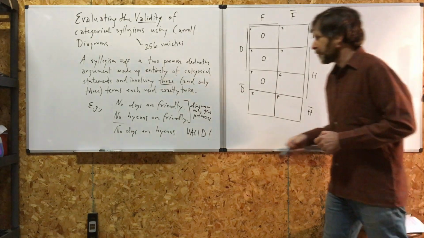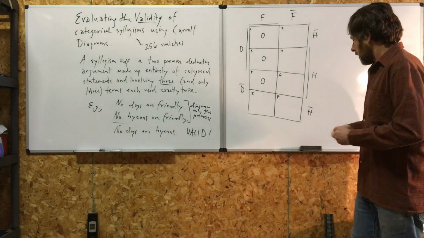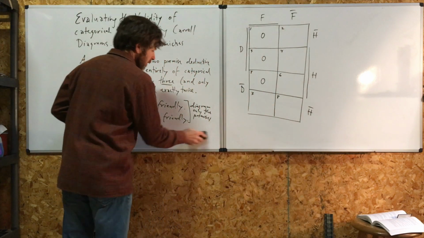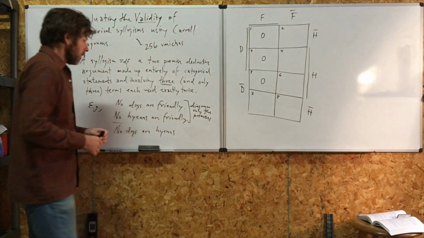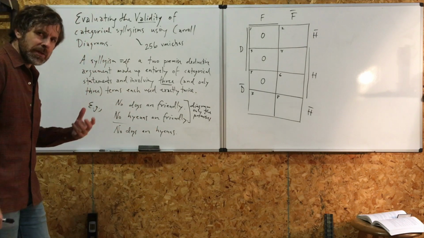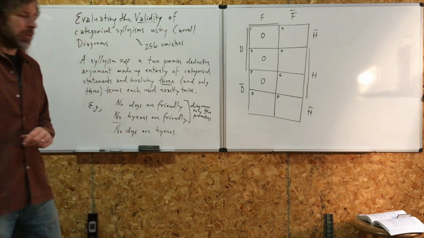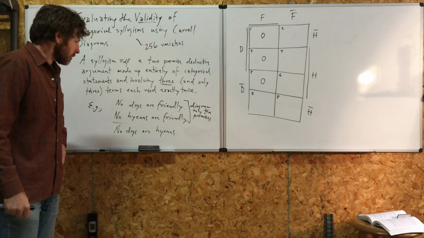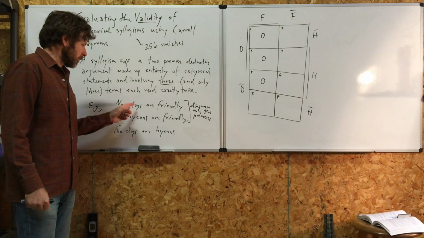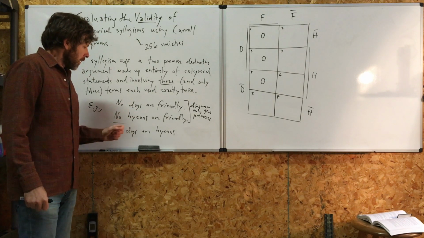Now the question is, are the premises sufficient here to show that the conclusion is true? Do the premises here guarantee the truth of the conclusion? What do you think? It doesn't, does it? Premises do not guarantee the conclusion.